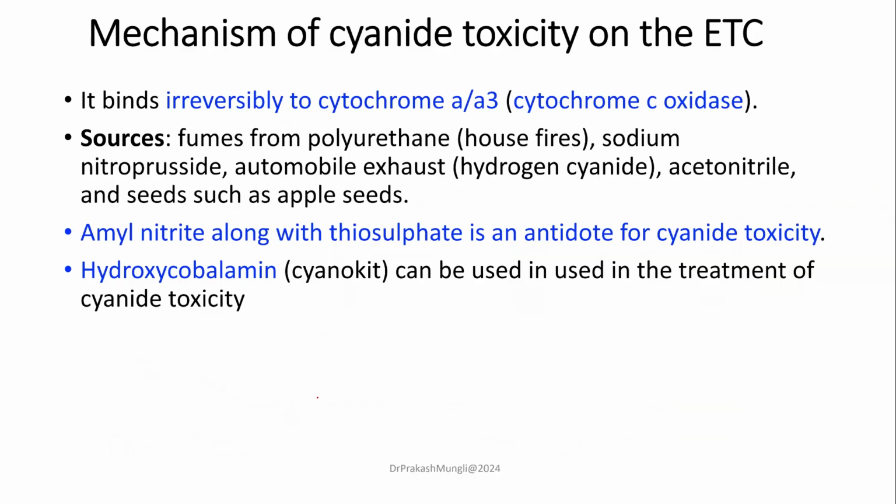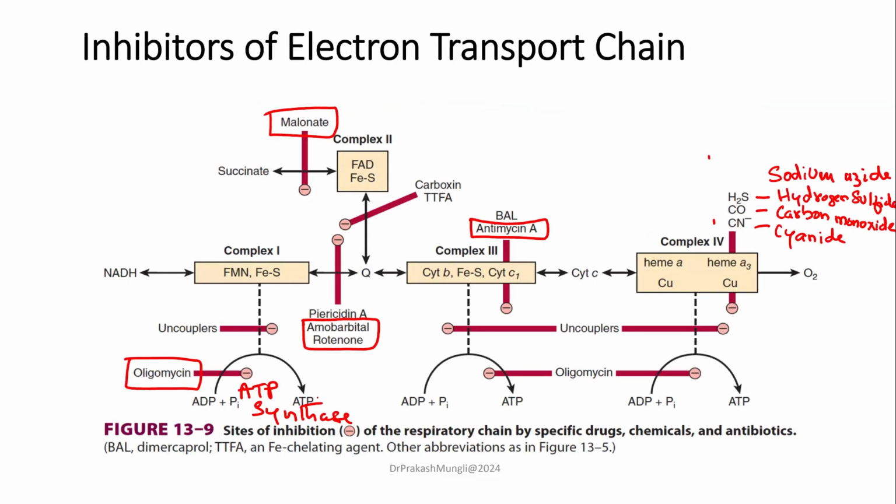Let's look at complex 4, that is cyanide and carbon monoxide, separately. Otherwise, any of these inhibitors of complex 1, 2, 3, and 4, including oligomycin, can be asked. Okay. So, is it clear? Before I move on to details of the other two slides, is this clear?